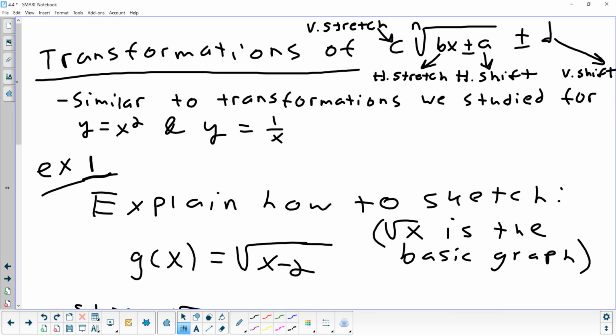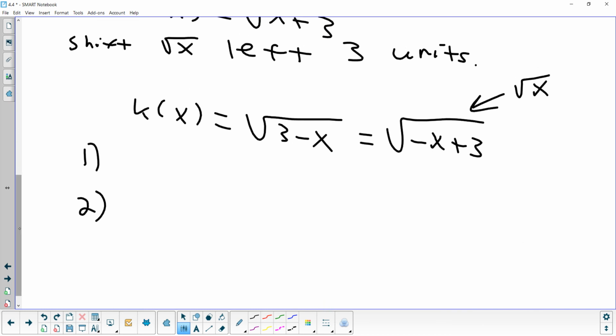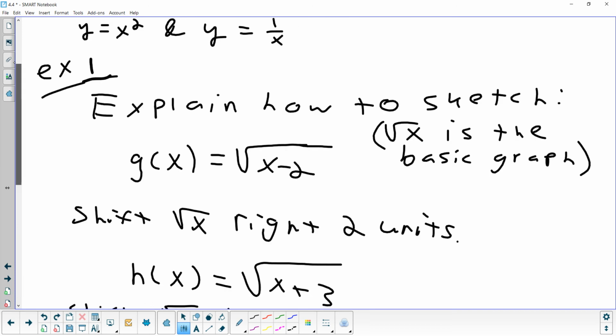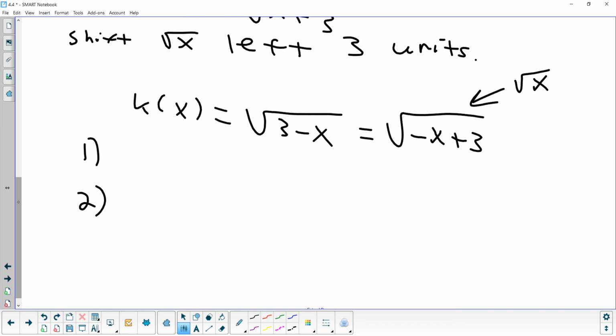Yeah. We don't really have a number there. We have a negative sign there, which we do have to deal with, but that's something else. Francesca? Shift left 3 units. The first thing you'd do is you'd say, okay, do I have a number for A? Yes, I do. It's a plus 3, so then I have to think, all right, plus moves it left. So shift left 3 units.